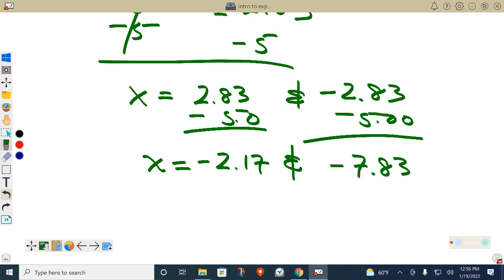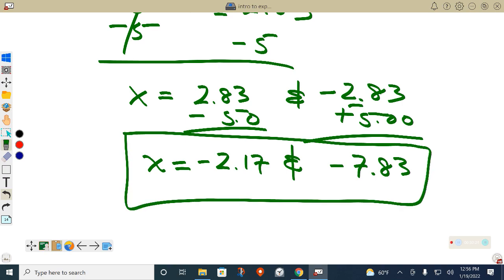Negative plus more negative, right? Because negative 2.83 minus 5 is the same as negative 2.83 plus negative 5. Line up the decimals, just add those puppies. I think I'm right, right? Or no? Nice.